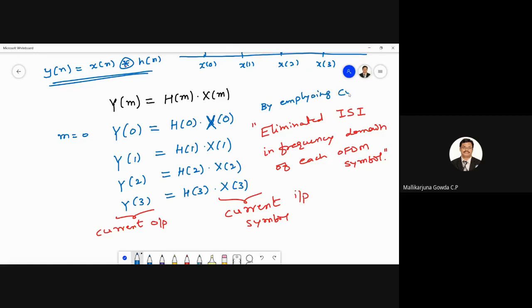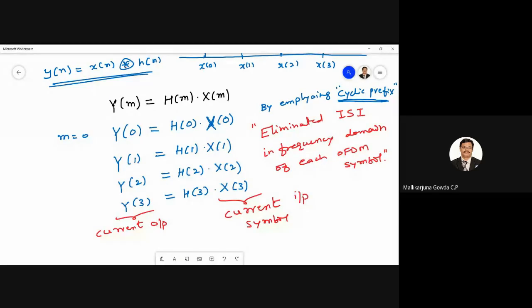If you remember my initial is CP, right? So by cyclic prefix, in short CP, we are able to eliminate the intersymbol interference in each of the OFDM symbols.